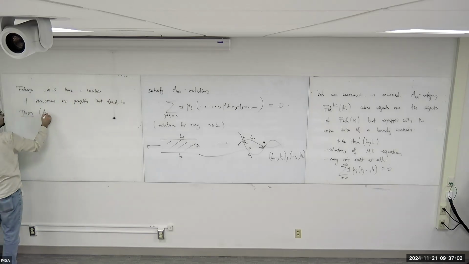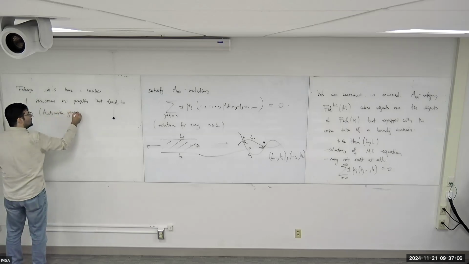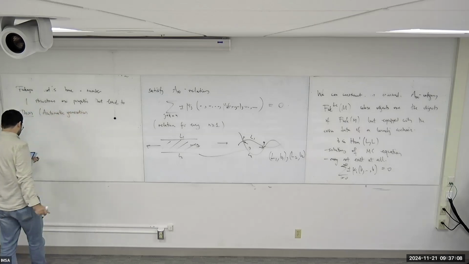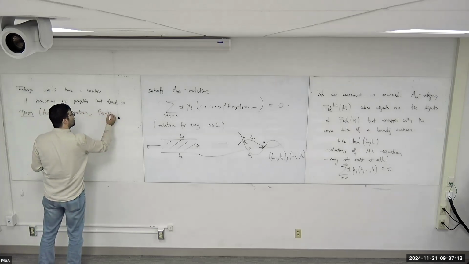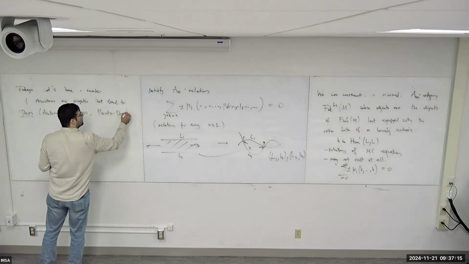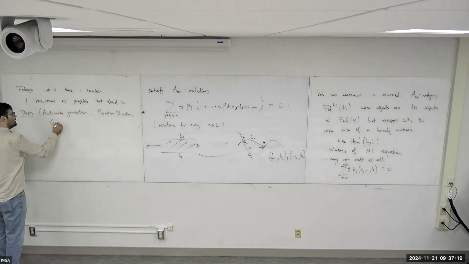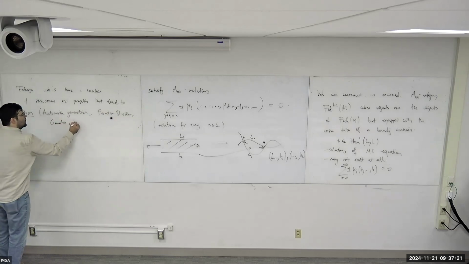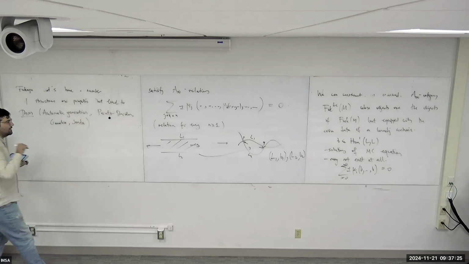Theorem, automatic generation. A first application is Perot-Sheridan. I'm going to just say the same names as Brent did, and then there's Ganatra and Sanda. They did this in a situation that's directly related to mirror symmetry.